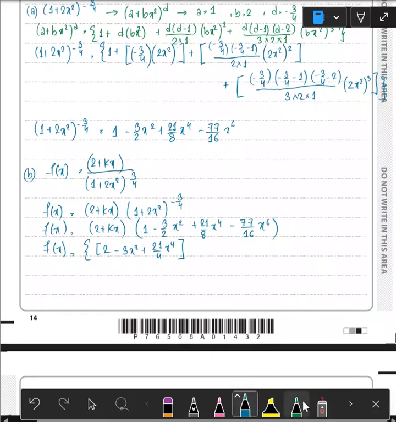Now moving on to kx. If we multiply kx with 1, at first I'll give a plus, and this would just be kx.